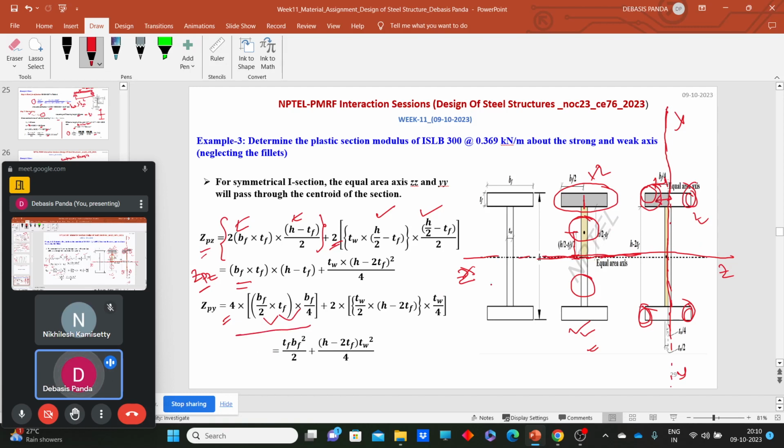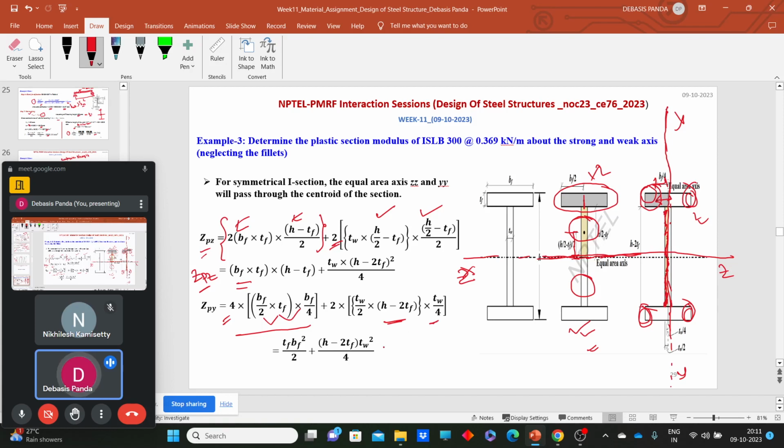One more thing is left, that is the web portion about the YY axis. The flange portion we have already calculated. Now for the web portion, this is the area and this is the CG distance.